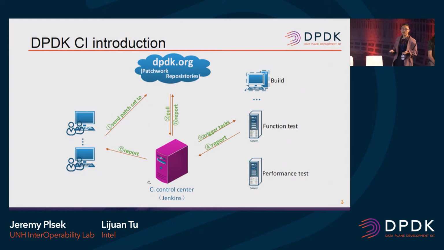What we have talked about is the overall CI, but actually DPDK CI has two paths. We have the before merge path, which is what we have talked about, and we also have another path we call the after merge. In the after merge, the patches have been merged into the master tree, and we will test the master tree.